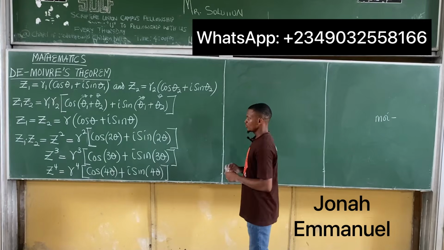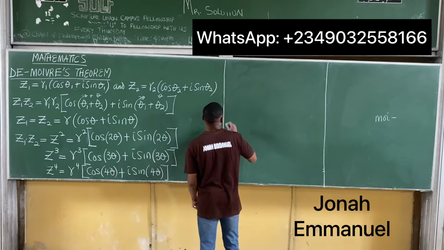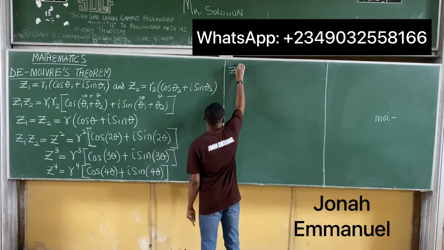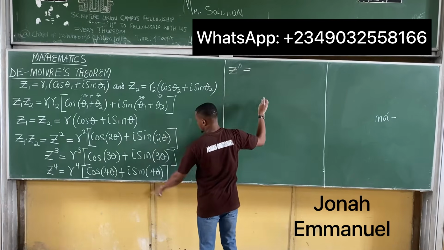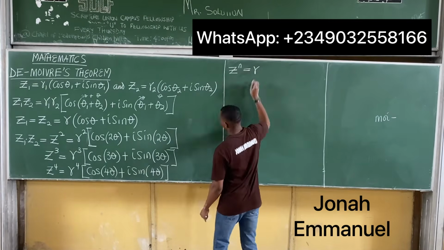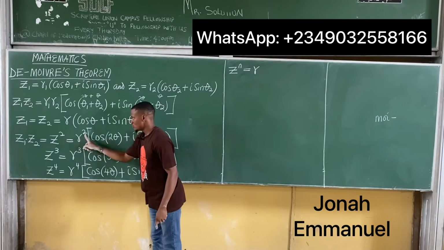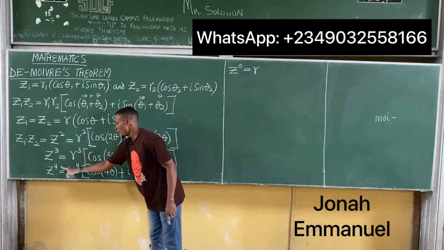So if this is true, that means if the power is n, I'll have that z to the power n is equal to r to the power n into cos n theta plus i sine n theta. When the power was 2, I had 2; 3, 3; 4, 4.